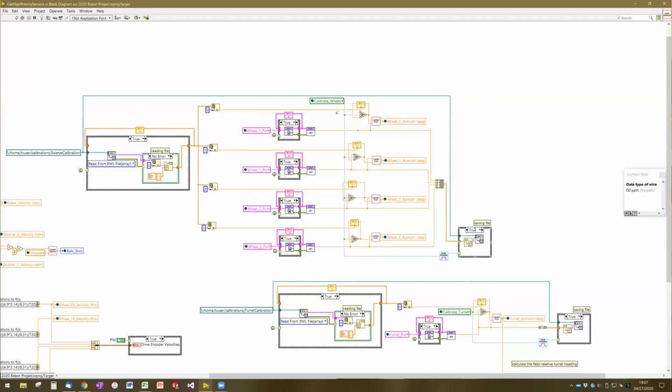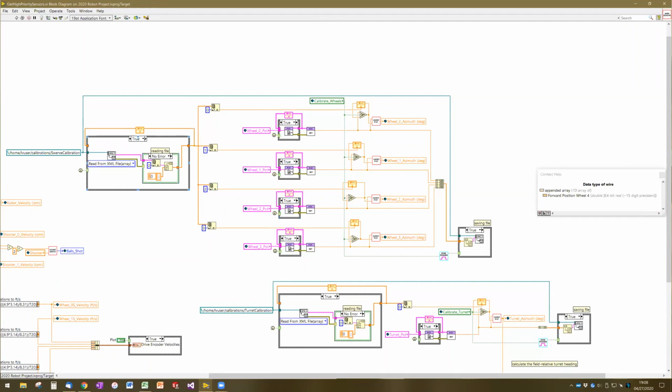And then when the robot boots up again, we read the values from that calibration file. We check for any errors, and then if there are no errors, we go ahead and use the values that are stored inside of the calibration file in order to calibrate the wheel module. So we remember the calibration from the last time.